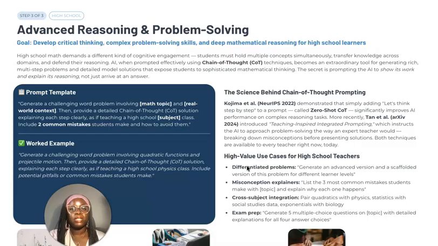So AI, when prompted effectively using the chain of thought (CoT) technique, becomes an extraordinary tool for generating rich multi-step problems and detailed model solutions that expose students to sophisticated mathematical thinking. So the secret here is prompting AI to show its work and explain its reasoning, not just arrive at the answer.